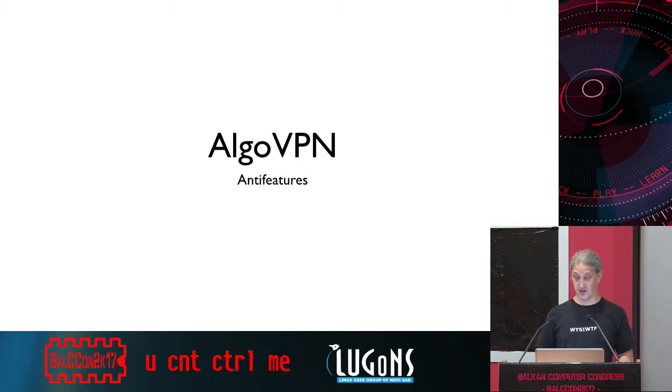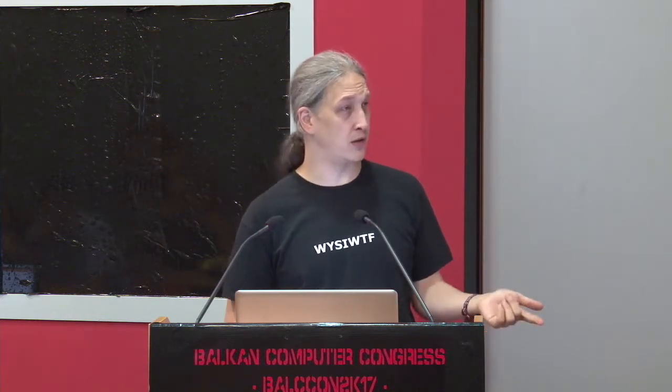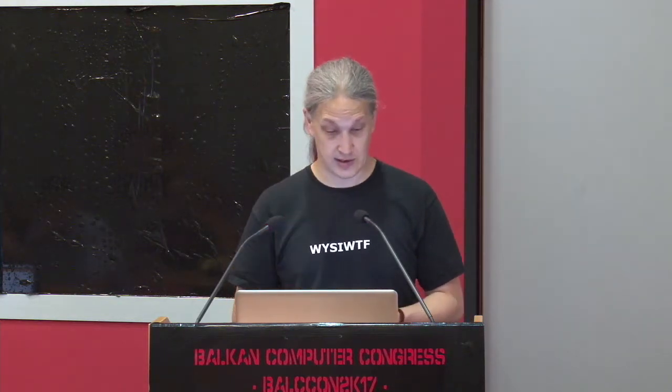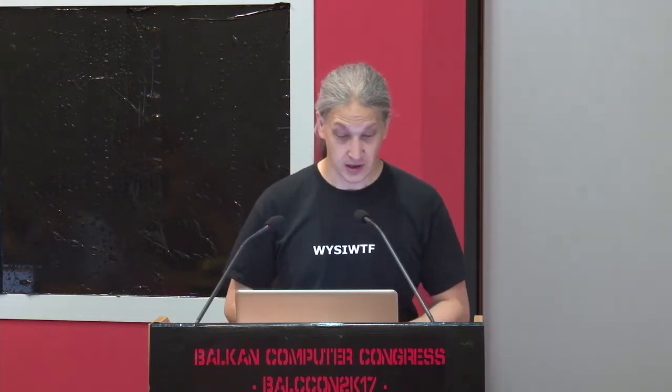What Algo VPN is not, the anti-features: it doesn't use any outdated or insecure ciphers, which is a great thing, like L2TP or IKEv1 or anything like that. It doesn't install Tor or OpenVPN or any other daemons. It does not depend on TLS. It does not depend on OpenSSL. We all remember the famous Heartbleed and other security problems with OpenSSL, so not having to use that gives some peace of mind.